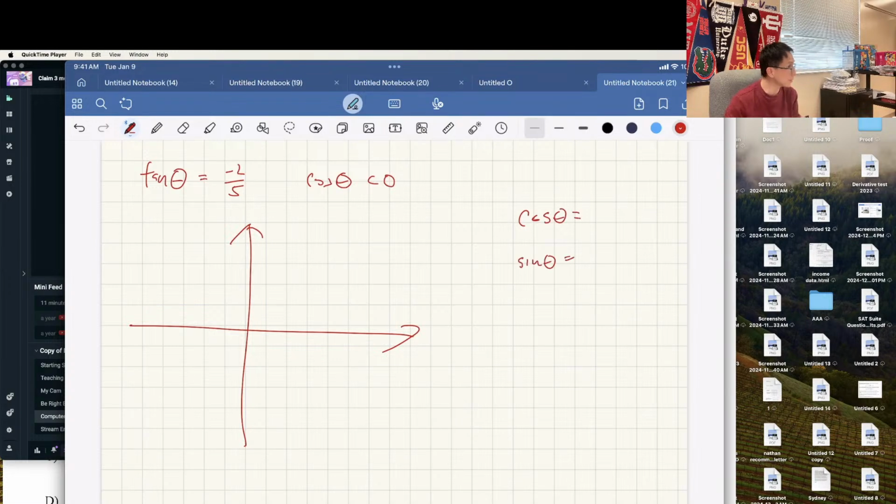Which quadrant is tangent negative? Olivia? 2 and 4, because they both, one negative, one positive. Does that make sense? When is cosine negative?